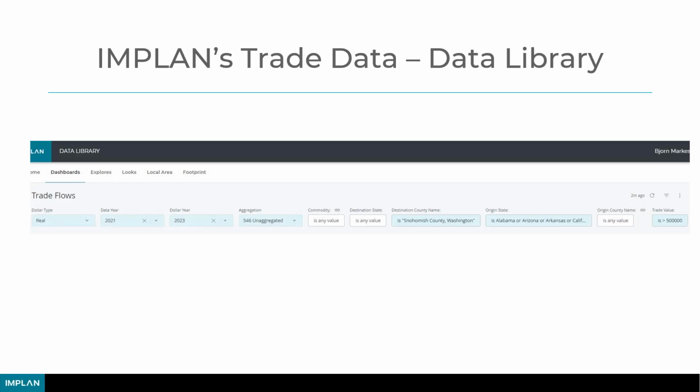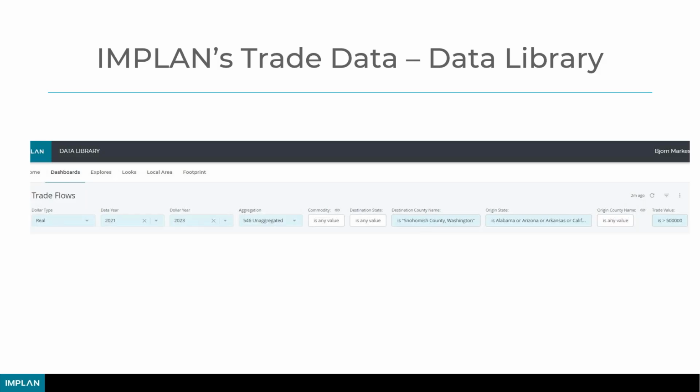We're looking for goods that are being shipped to Snohomish County, and we're looking at it coming from any state other than Washington, Alaska, or Hawaii. I'm keeping Washington out of it because there's a lot of local trade. I'm keeping Alaska and Hawaii out of it for ease of viewing on the next map. And then I'm also looking at trade that is valued greater than $500,000.